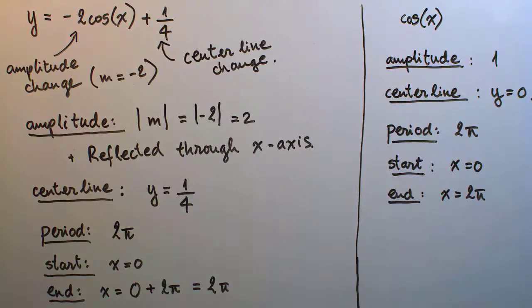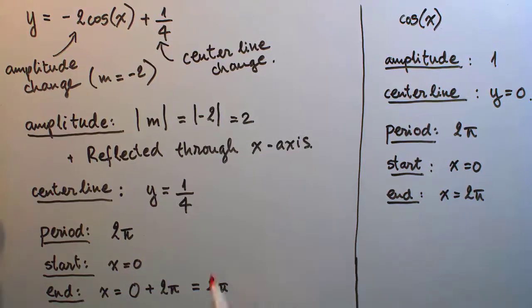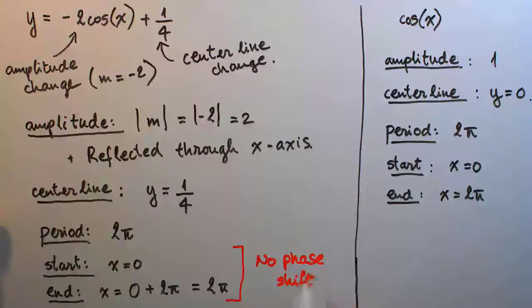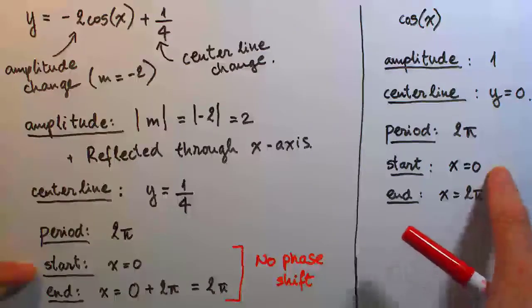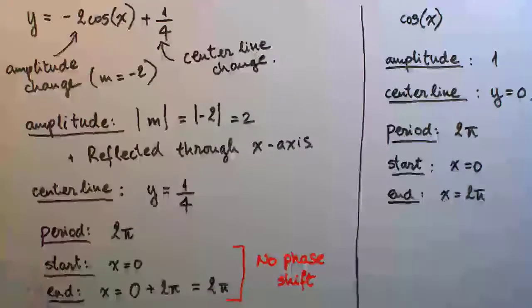And so we can see that in this problem there is no phase shift, due to the start and the end being the same. The start of the base unit is nothing different from the start of the base unit on the original cosine function.